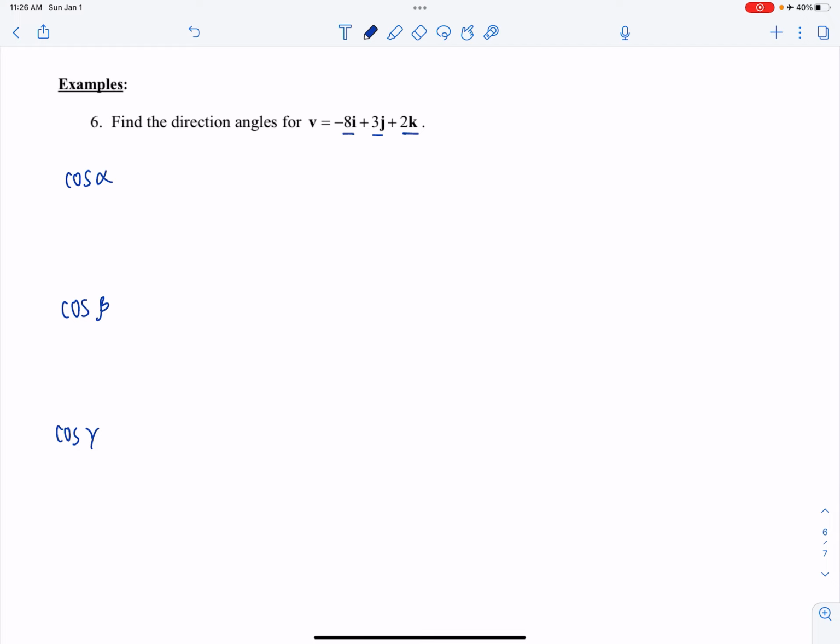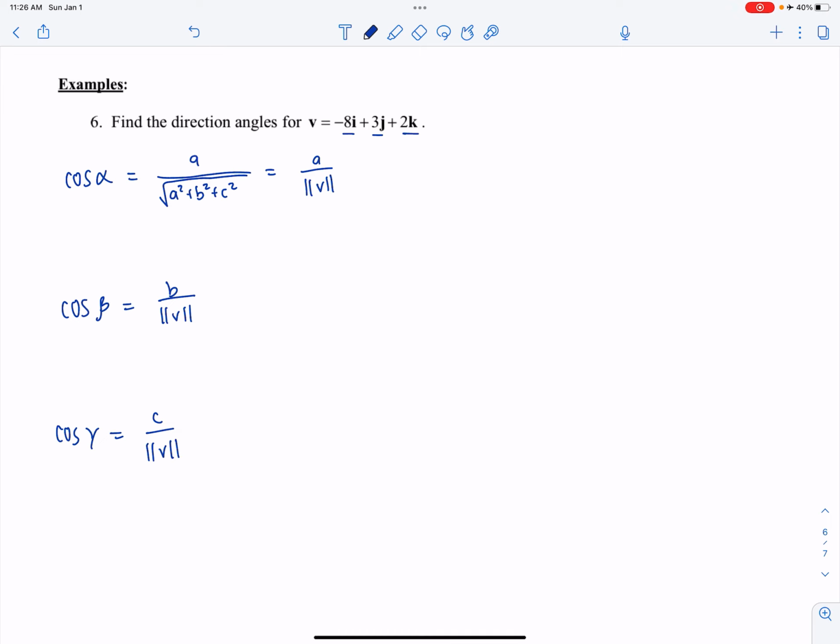We're looking for these 3 angles. The formula is a over the square root of a squared plus b squared plus c squared, which we should recognize as a over the magnitude of that vector v. And it's going to be similar for the second angle: b over the magnitude, and c over the magnitude.